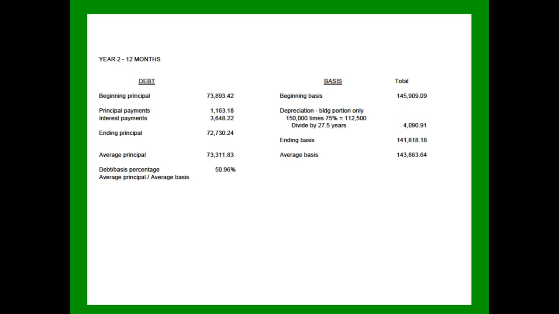You just carry forward the numbers from the prior. You run through the calculation. You get your depreciation, and you get your bottom number. Now you can see your debt finance percentage is 50.96%. So it's actually going up a little bit. And again, that's because your basis is coming down faster than your debt because the depreciation number is bigger. Okay? So next slide.